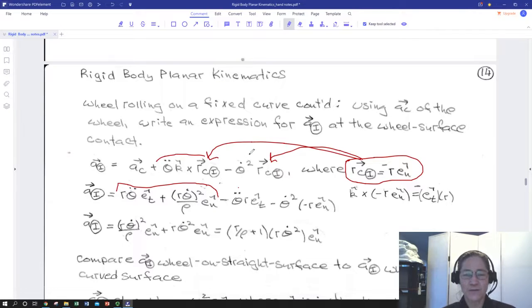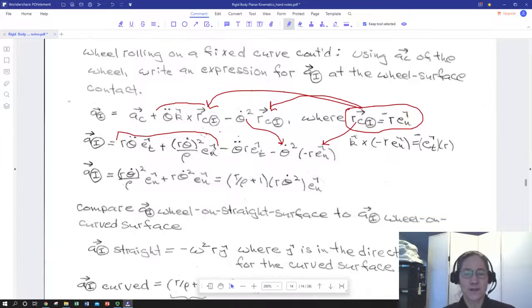And then of course we have our angular velocity here and our C to I there. So we can collect all the terms in the tangential direction on one side, and all the terms in the normal direction. We can group them all and see what falls out.